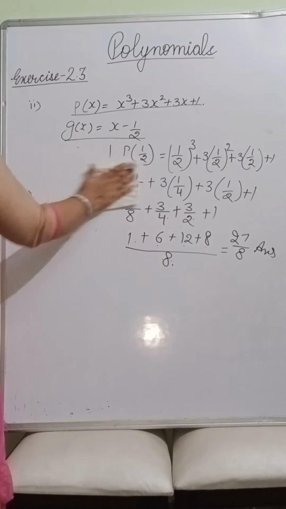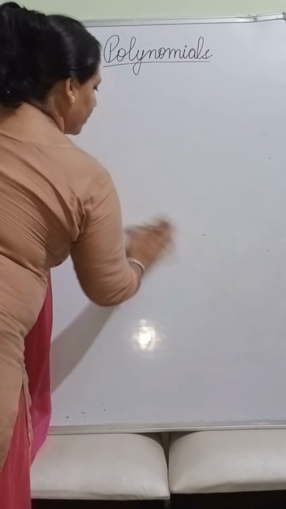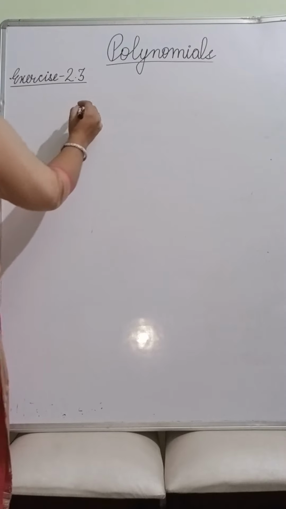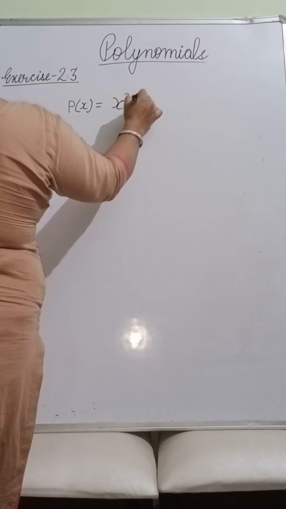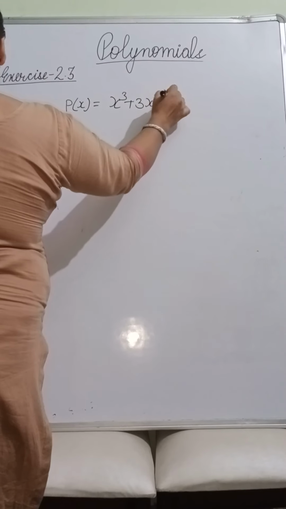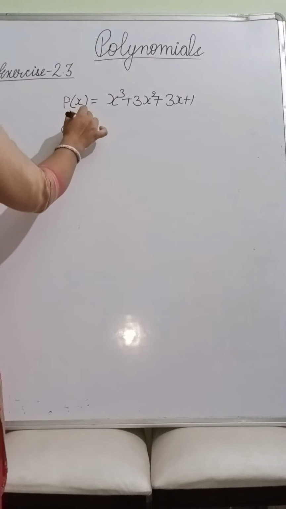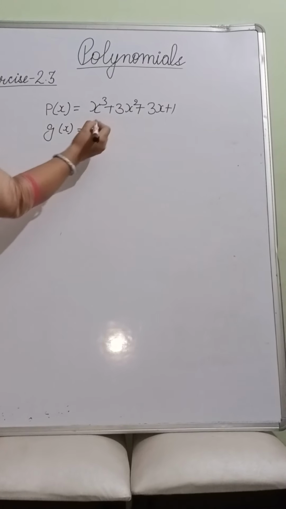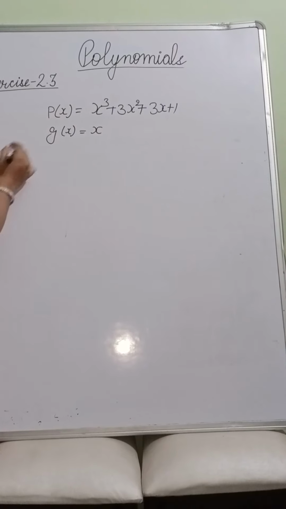Now I am doing the third part. The polynomial is same again. Given polynomial P(x) equals to x cube plus 3x squared plus 3x plus 1, and here g(x) equals to x. Here you can see, students, there are no constant terms, but no need to worry.